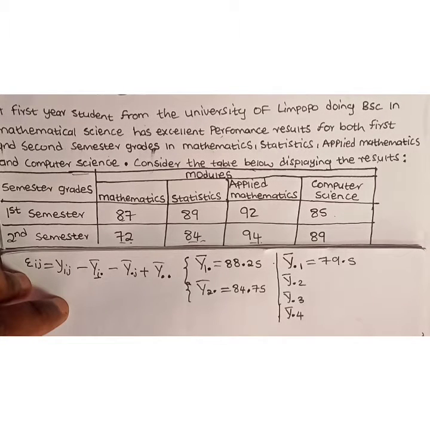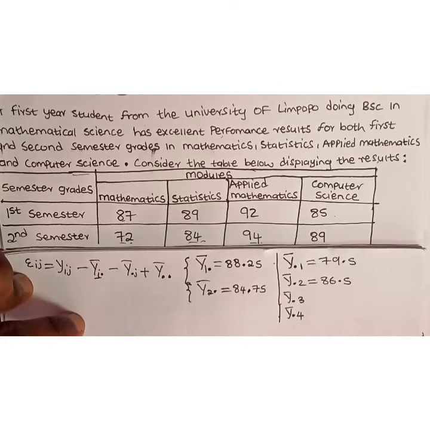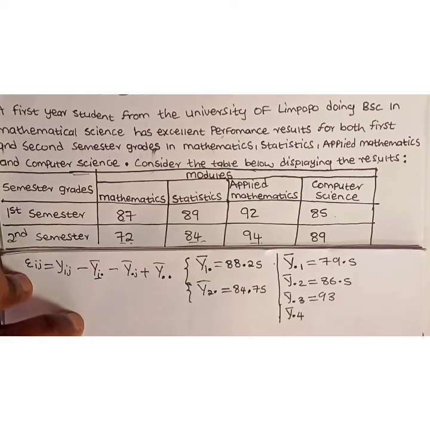Y bar dot 2, which is 89 plus 84 divided by 2, equivalent to 86.5. Y bar dot 3, given by 92 plus 94 divided by 2, which is equivalent to 93. And y bar dot 4, which is given by 85 plus 89 divided by 2, equivalent to 87.